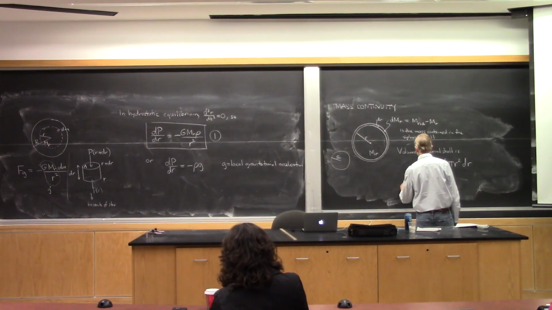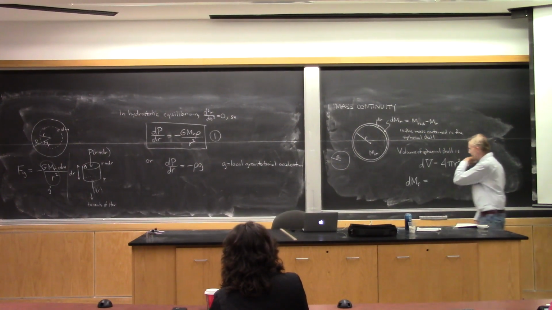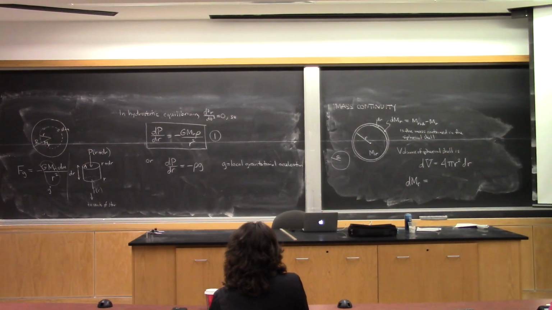And so what's dm sub r? If dV is 4 pi r squared dr, what do I multiply that by to get how much mass is in the little shell? What do we use to say how much mass there is in every little unit volume?